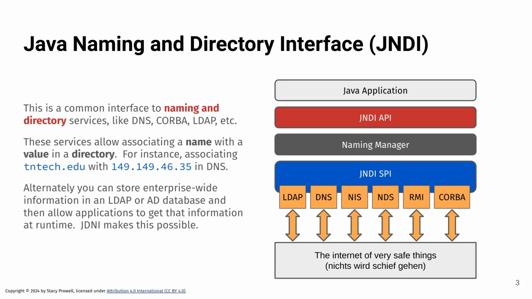Okay, that's a naming and directory service. There are others, lots of others in fact. And Java has a library that makes it possible to use all of these various things. And like all Java stuff, it's built in layers. And you can see those layers over there on the right-hand side.